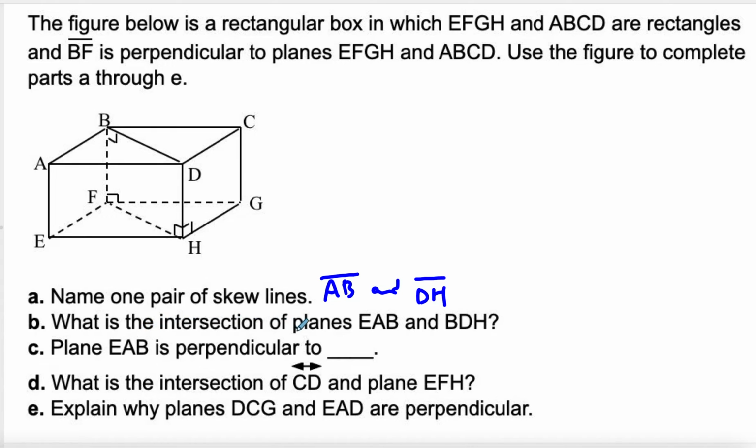What is the intersection of planes EAB and BDH? The intersection of planes should be a line, right? EAB. Okay, if you connect this, it's going to be a triangle here, but if you expand it in every direction, it's the same as this whole thing here, A, B, F, E, right?